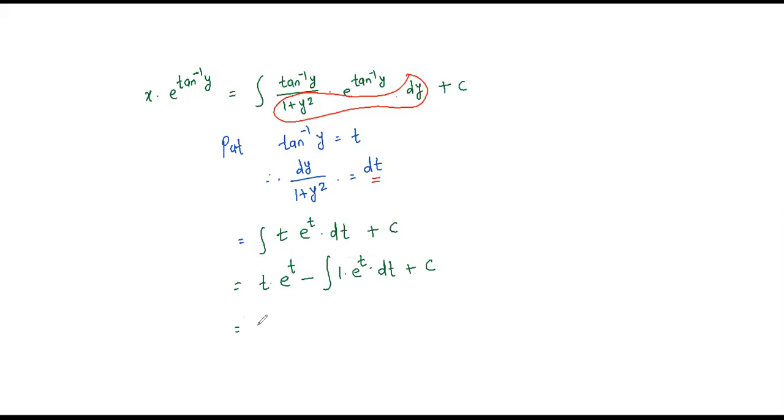So I get t times e to the power t minus e to the power t plus c. What is t? That is tan inverse y into e to the power tan inverse y minus e to the power tan inverse y plus c.